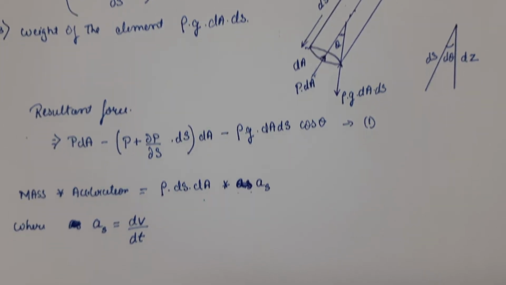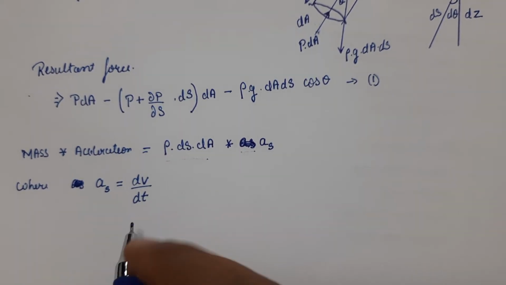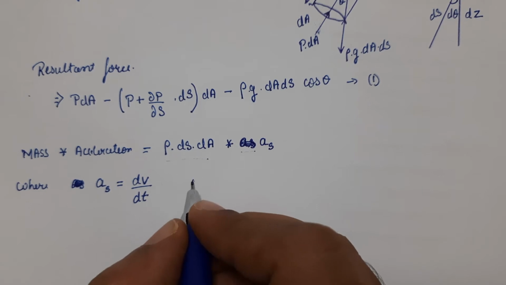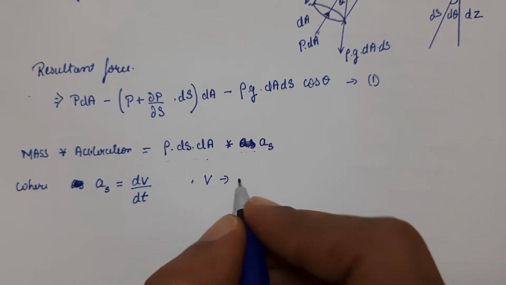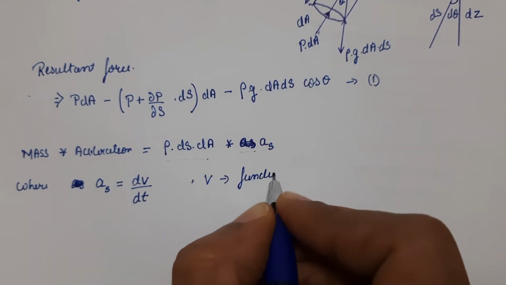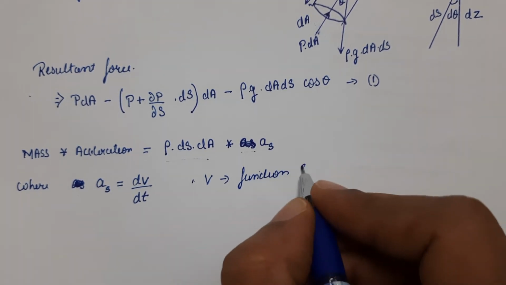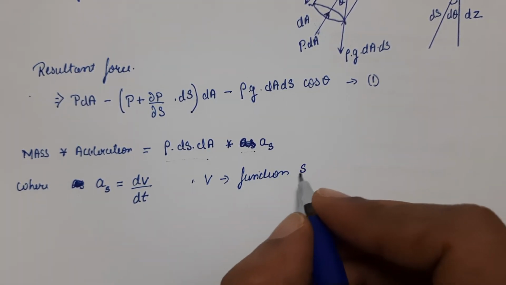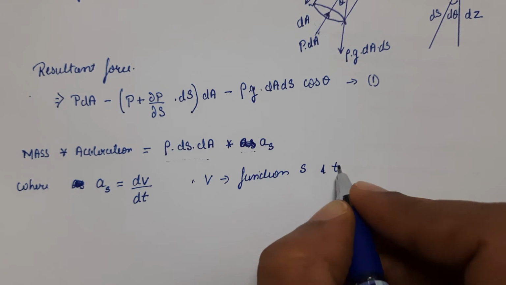Here v is a function of s, that is the distance, and time.